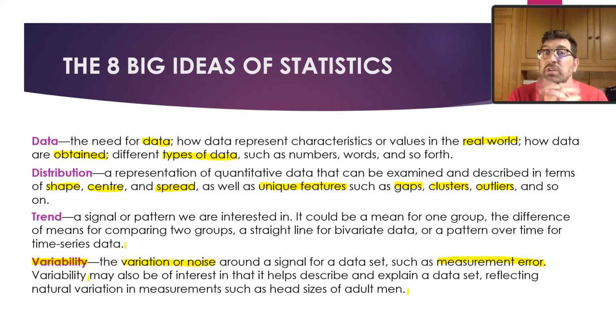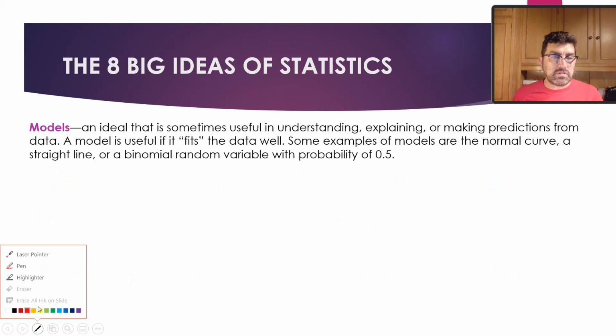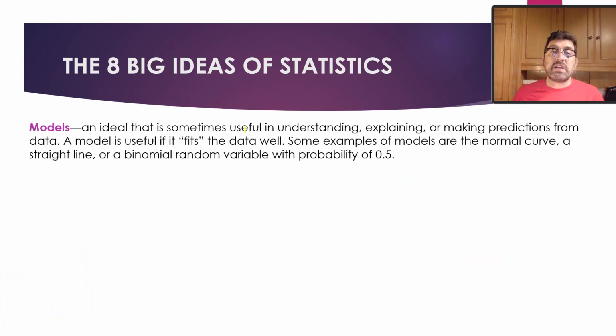So you might want to bring in a second variable to look at. Why is there such variability in that set of data items if you just looked at the sizes of their feet? The next big idea is the idea of models: an idea that's sometimes useful in understanding, explaining, or making predictions from data.